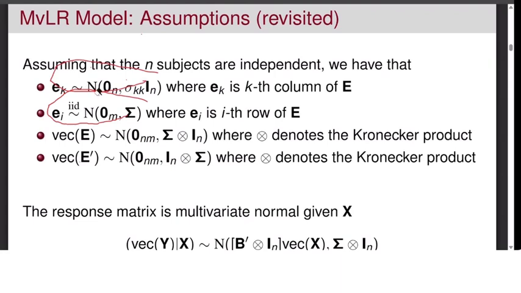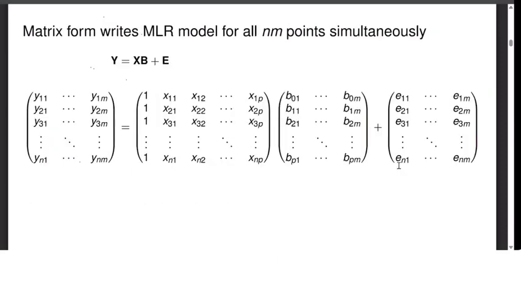I'm going to go back. When you take a look at what I have here, we have the one for the column, we also have the one for the row. Okay, can you see that? You want to look at it from the row. Okay, if you want to look at it from here, that would give you the error of observations for a particular response. But what if you go this way?